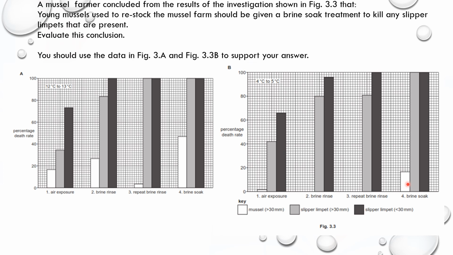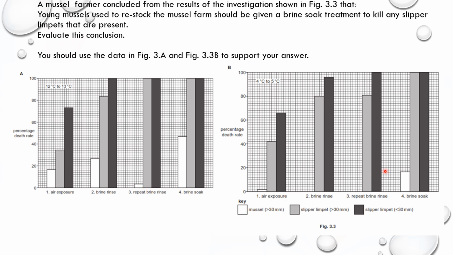But you can also look at the other treatments. Look at this treatment, 3 repeat brine rinses kills 100% here at this temperature, with fewer mussels killed. So it should be the best, because the brine soak at this temperature kills more mussels, but this kills fewer.